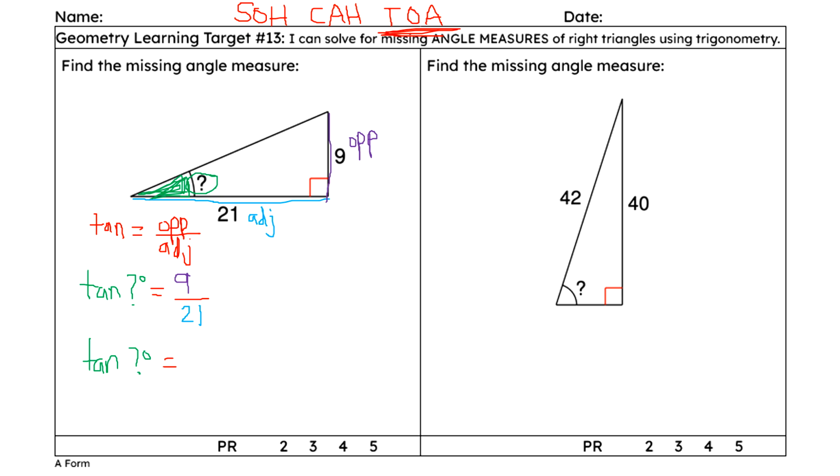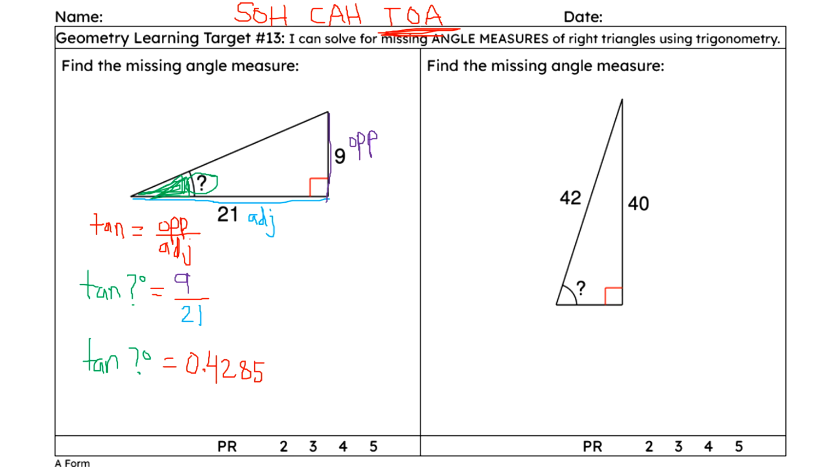9 divided by 21 is 0 point, and I'm going to do 4 decimal points here because that's what my table gives me. 0.4285.